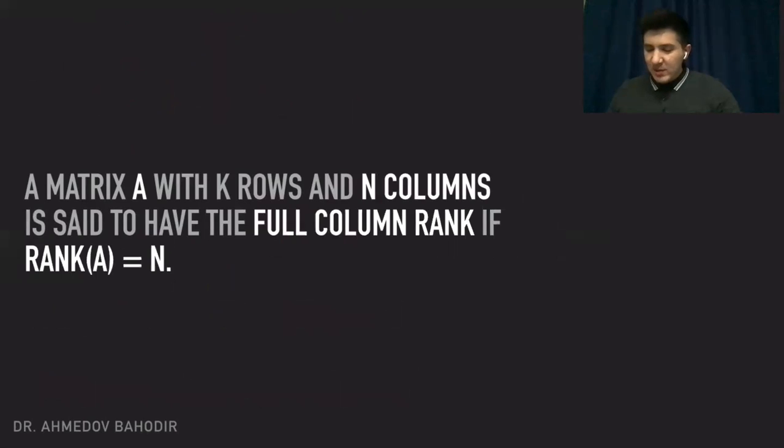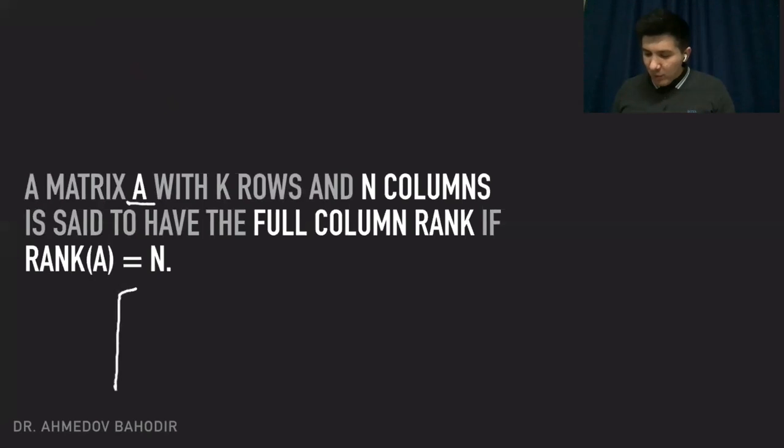Essentially, if you're given some matrix A with k rows and n columns, it is said to have full column rank if the rank is equal to the number of columns. So essentially, all of your columns are going to have pivots. Okay, so does it mean that this is a super good matrix? Well, mostly, yes, it's a good matrix.